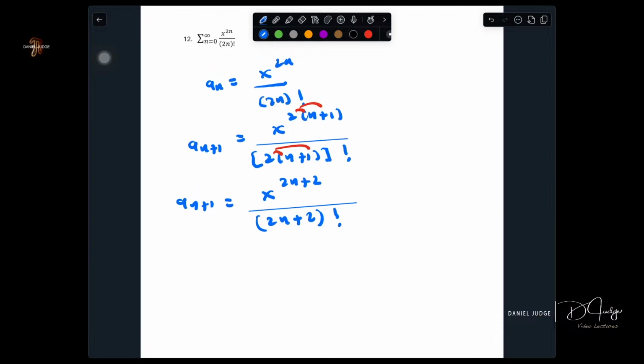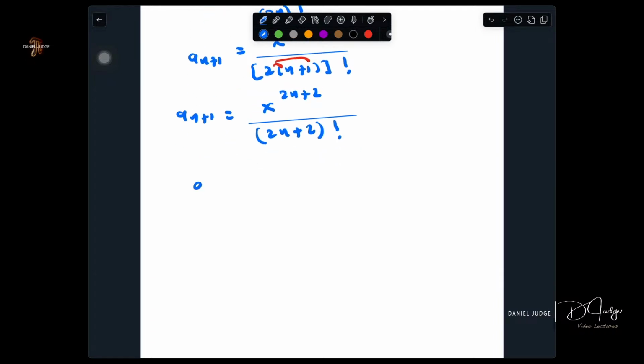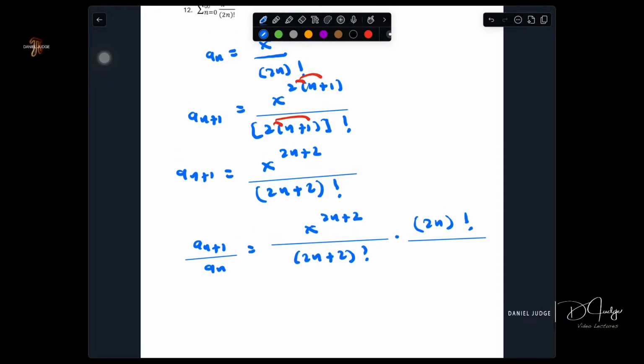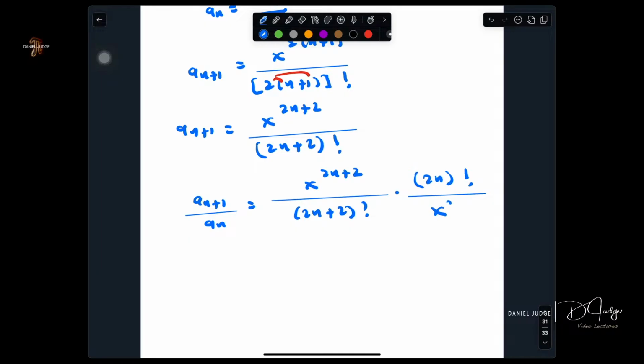All right. So the ratio of a_(n+1) over a_n is x to the 2n plus 2 over (2n plus 2) factorial, times the reciprocal of a_n, which is 2n factorial over x to the 2n.